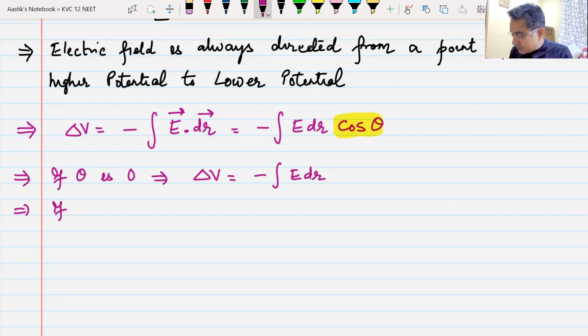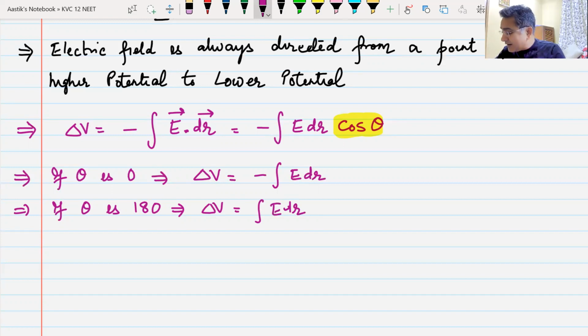Similarly, if theta is 180 degrees, the change in potential will be the integral of E into dr, because cos of 180 is minus 1. Basically, what I mean is that if you go in the direction of the electric field, your change in potential becomes negative.